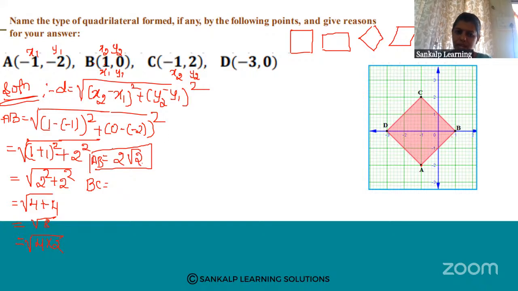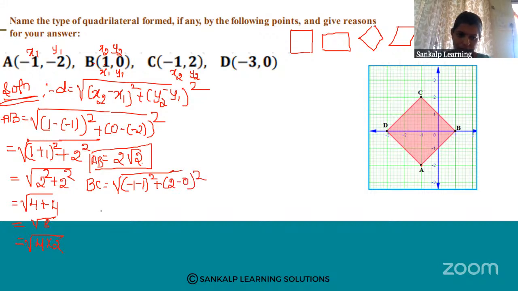Yes or no? Now, tell me the value of x2 here. Distance formula: square root of (x2 minus x1) whole square. So x2 is minus 1 and x1 is 1, whole square, plus y2 value is 2 here and y1 value is 0, whole square.